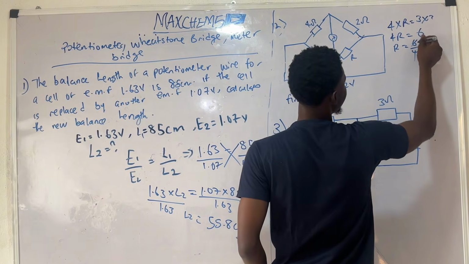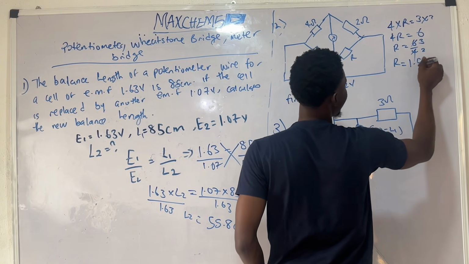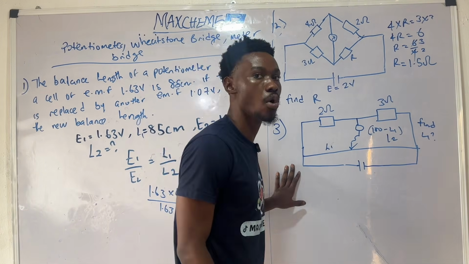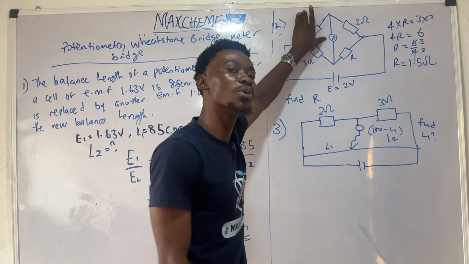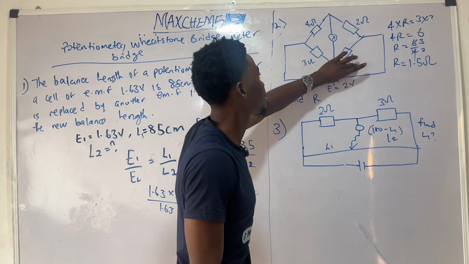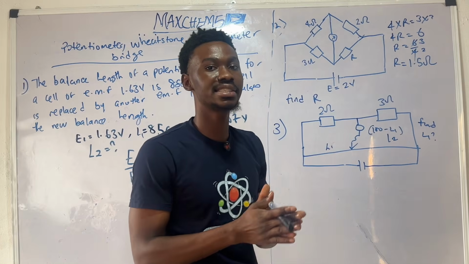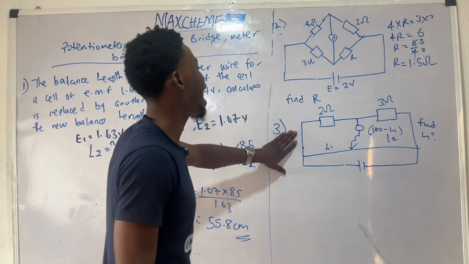So R is equal to 1.5 ohms. So that is how we solve a question on Wheatstone Bridge. You simply multiply the opposite side of the resistance and the opposite side of the other resistance, then you equate them.